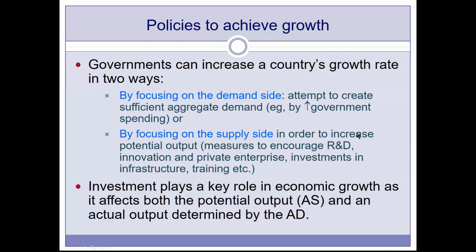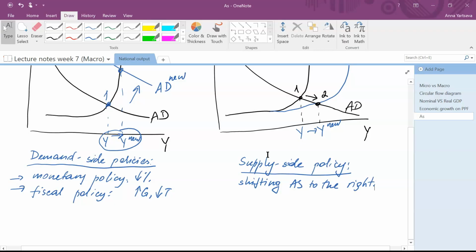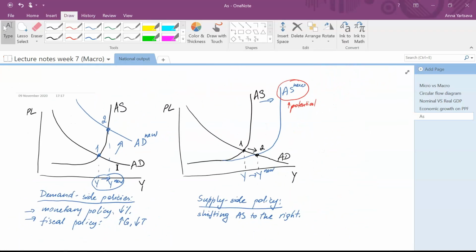And as I mentioned previously, this involves measures to encourage research and development, innovation, private enterprise, infrastructural developments, training, developing human capital, and so on. And what is interesting is that by doing so, we are not only increasing national output, as with the demand side policy, we are also reducing the price level in the country.